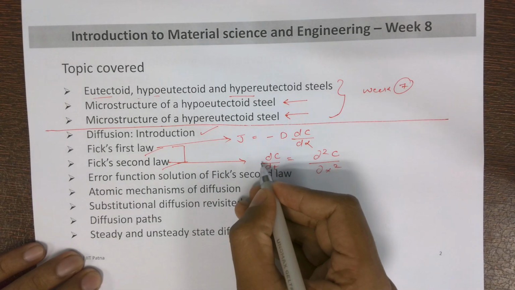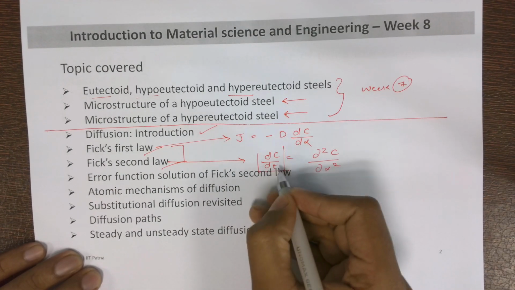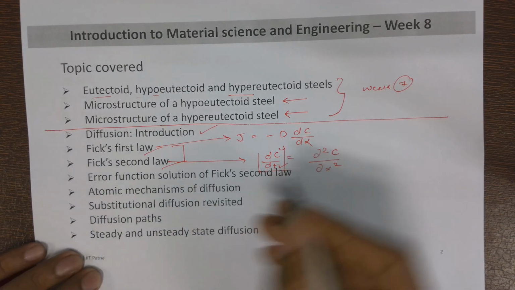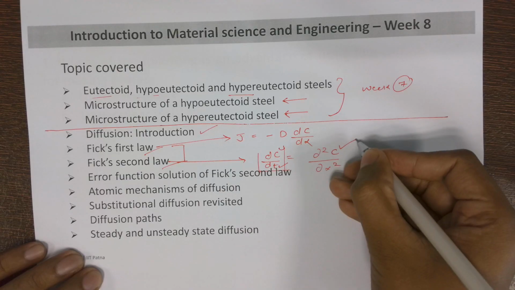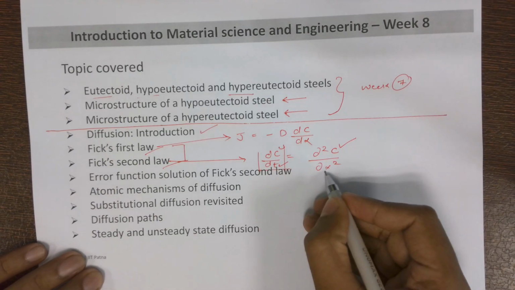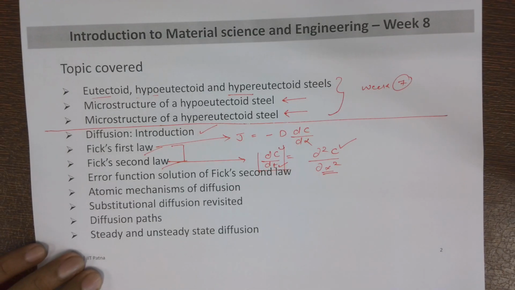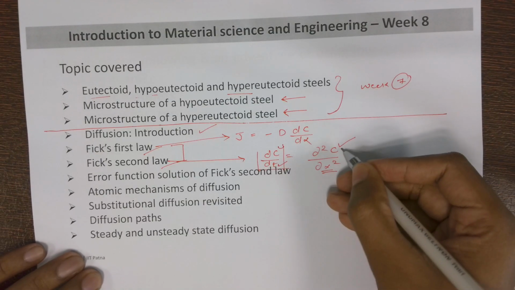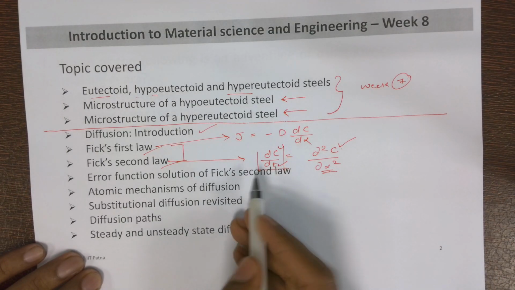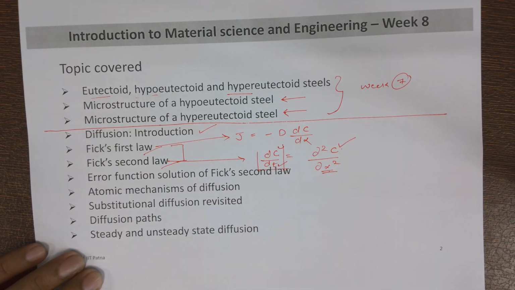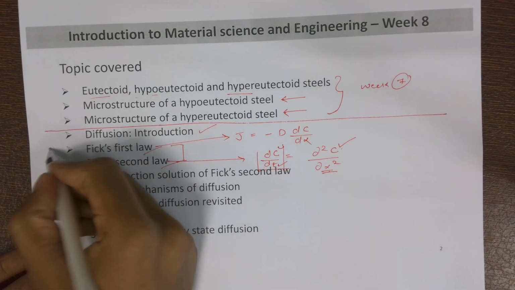So we can see here on the left hand side, the change in the concentration is with respect to time, while on the right hand side, we see the concentration change from the perspective of space, from the distance. So the second derivative of the concentration with respect to space is related to the first derivative of the concentration with respect to time. So this is Fick's second law.